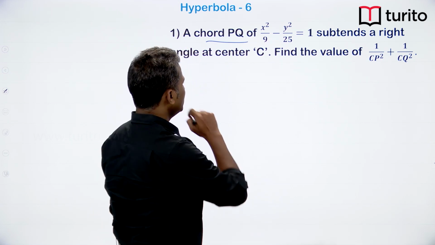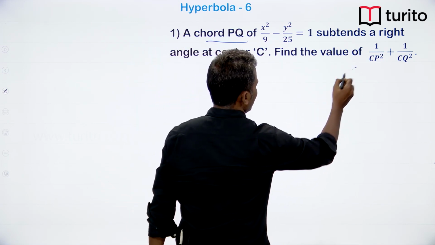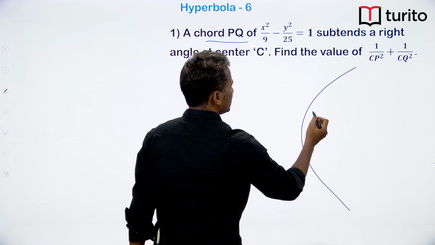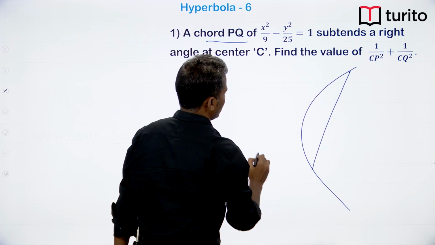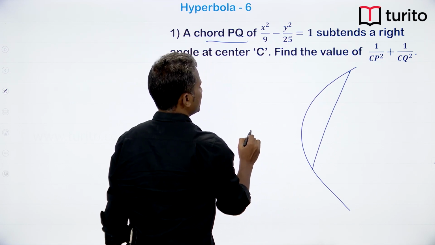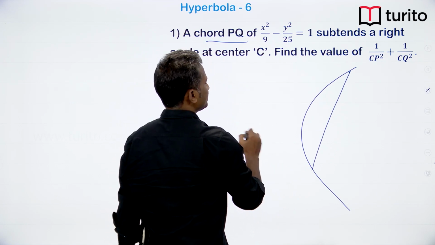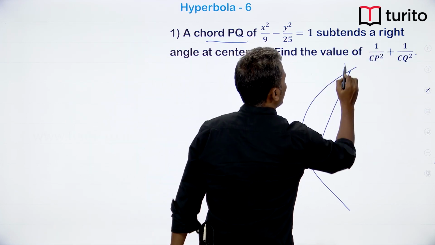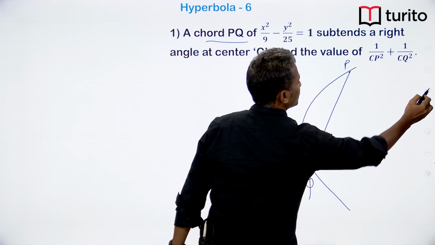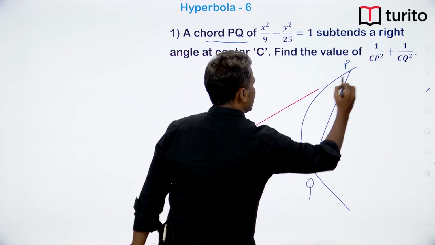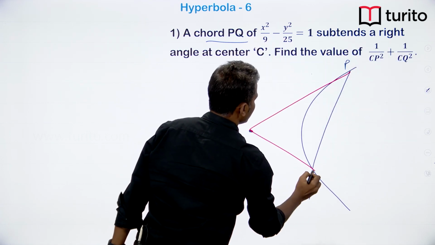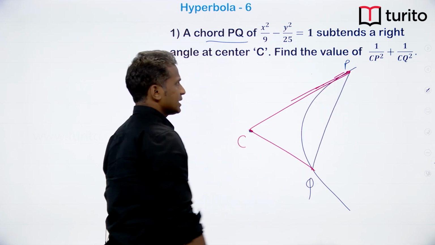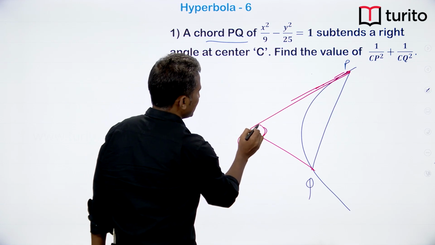So here, if I take one branch of the hyperbola and there is a chord here, let us say this is the chord and let us say this is the center. Now, if I take this point as P, this point as Q, and join these two, and take the center as C, this angle must be 90 degrees.